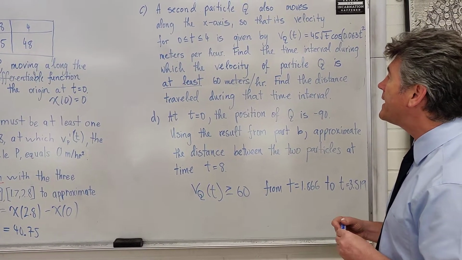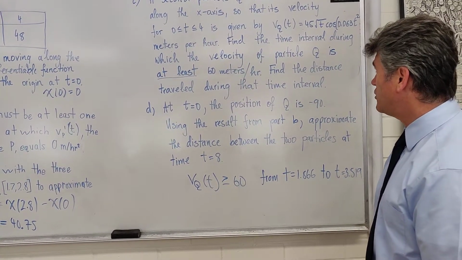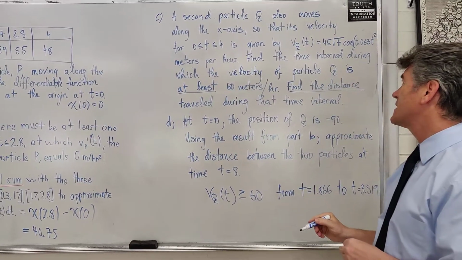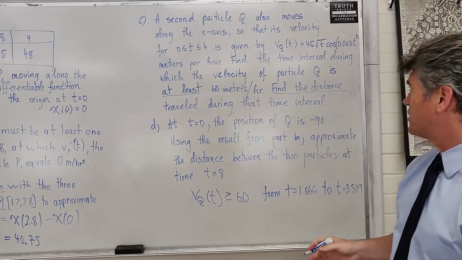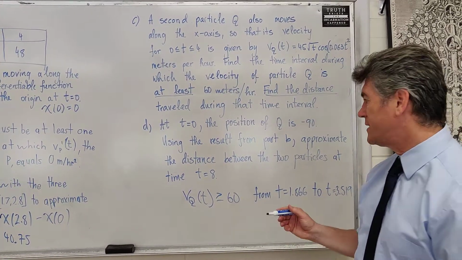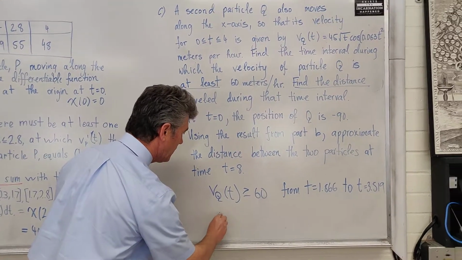We are now ready to do the second part of this question. In the second part, we're asked to find the distance. Be sure that you understand what they are asking for. They're asking for the total distance. So you have to use the formula for the total distance.